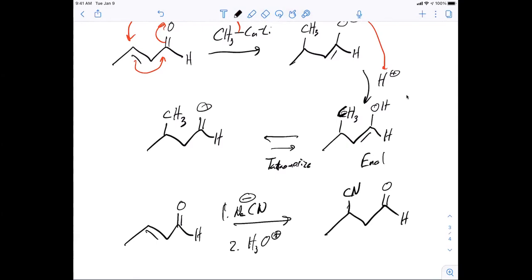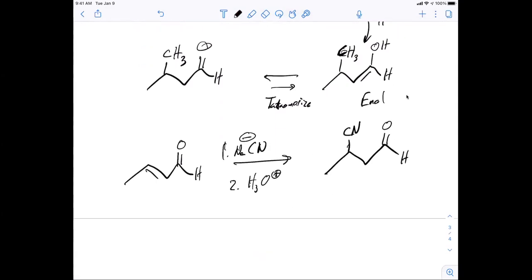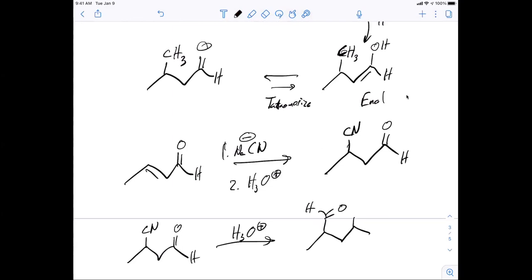And again, this is biologically important because I could take the nitrile and hydrolyze it, as we saw in the last chapter, right, to the carboxylic acid. So now I have a beta position here, and I put a carboxylic acid on that beta position.